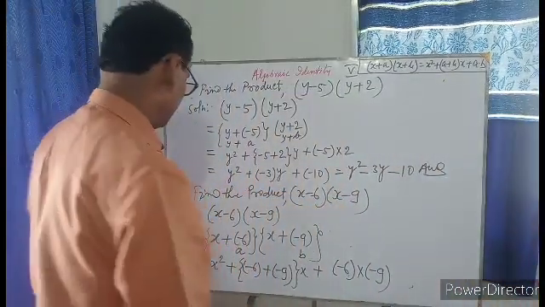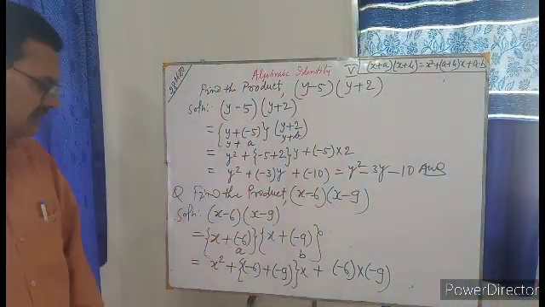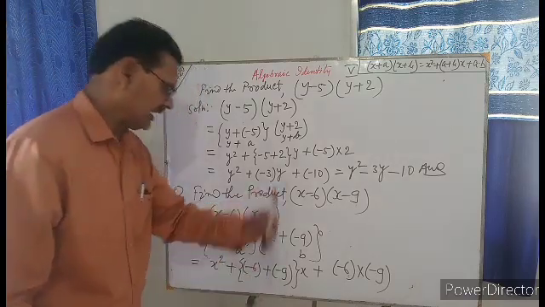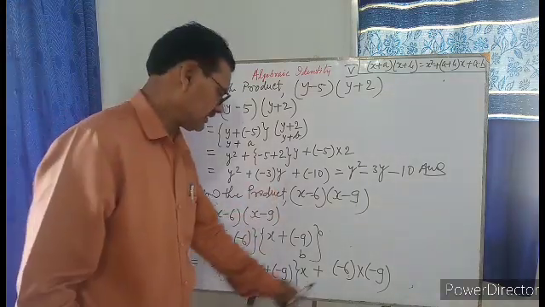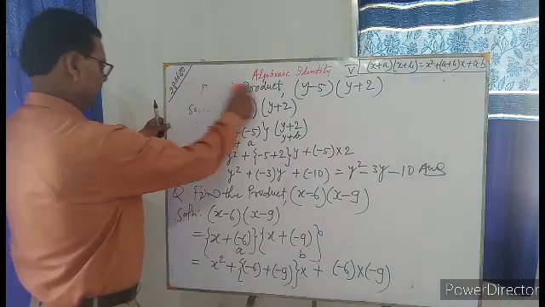x² + (a + b)x + ab. What is a? -6. What is b? -9. Now let us see.